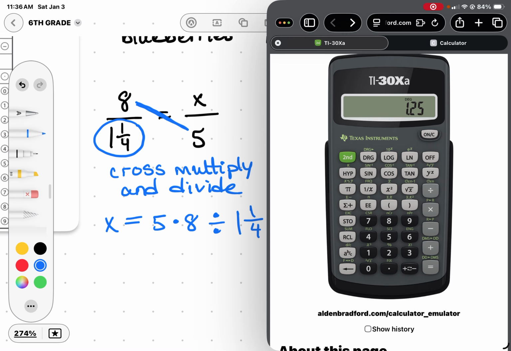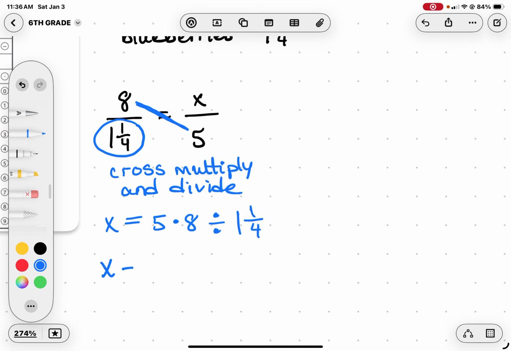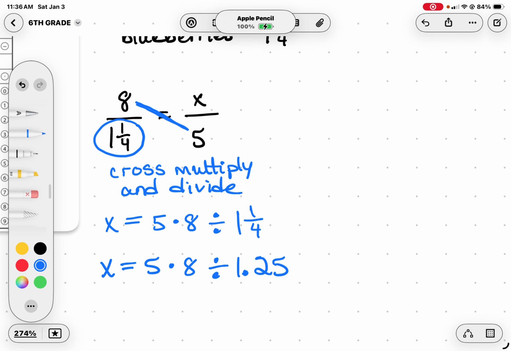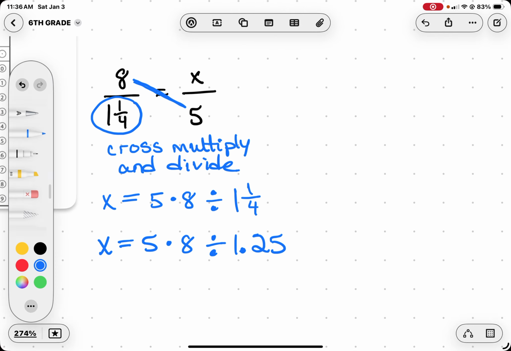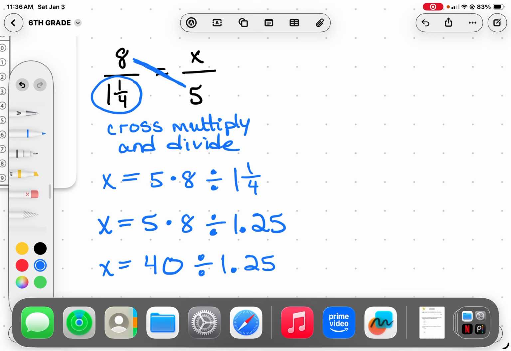So now I can rewrite this to say X equals 5 times 8 divided by 1.25. And now we can go ahead and type that into the calculator and figure that out. We should already know 5 times 8, that's 40. And now we can use the calculator to do 40 divided by 1.25.